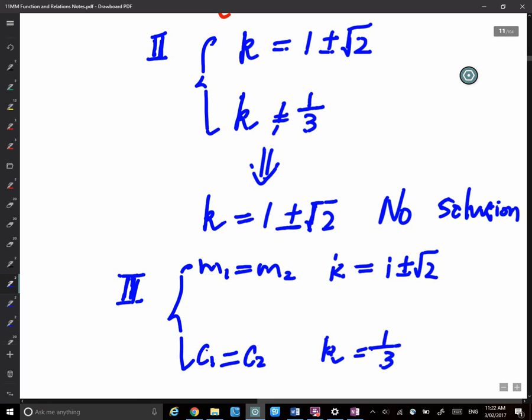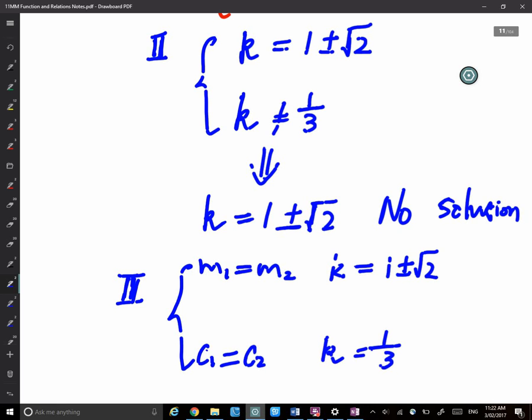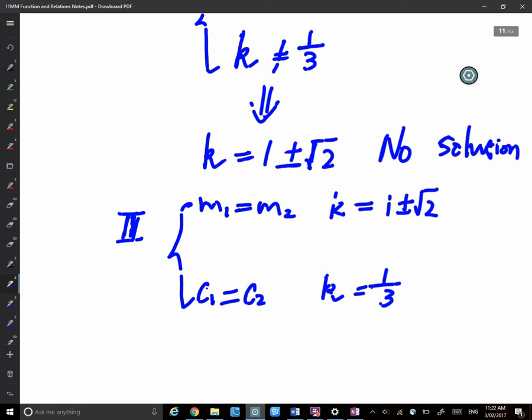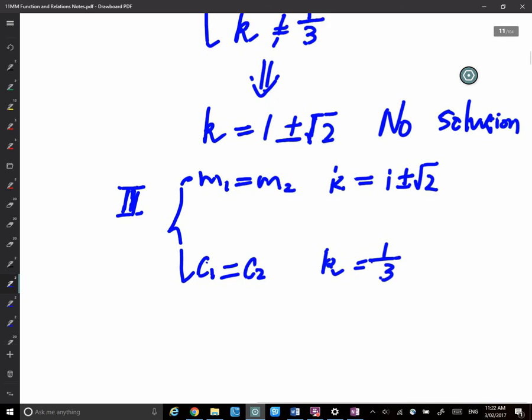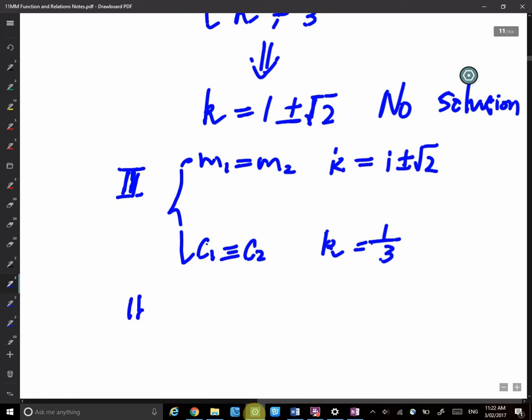You need to find a K value that can satisfy both equations because it's an AND relationship. And you can find that there's no such K value. To make C equal, you need K equals to a third. To make M equal, you need K equals to those two values. But there's nothing in common, which means there's no such K value.